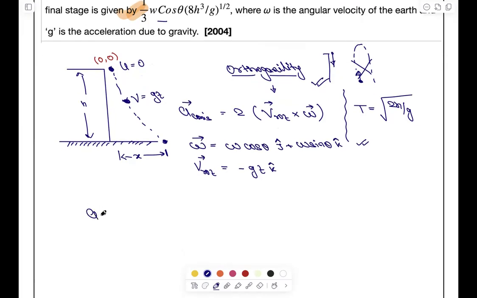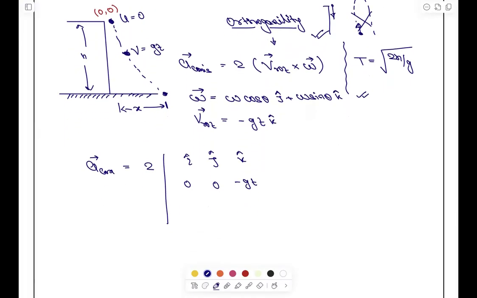So what will be the A Coriolis? Let's find the cross product of it. It will be 2 times the determinant with i cap, j cap, and k cap. The second row is 0, 0, minus gt, because vertical motion is the k cap, and north, south, east, west we denote by x and y. So x denotes east, west, and y denotes north, south. The third row will be 0, omega cos theta, and omega sin theta.